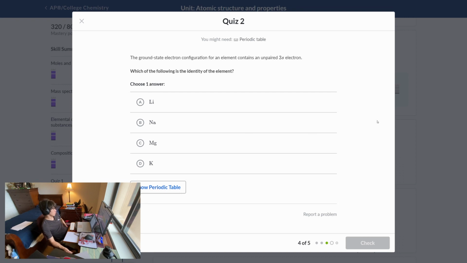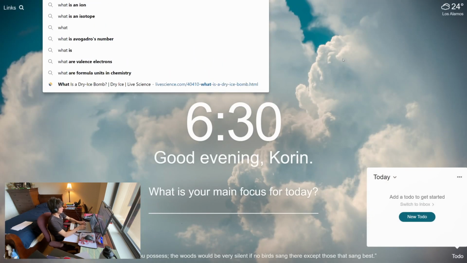So isn't that just the third element? So lithium? Wait. What is an unpaired electron?